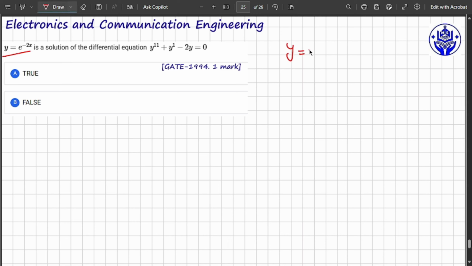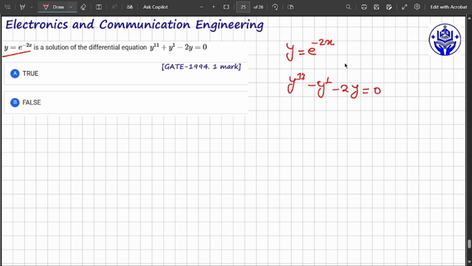Next one. This is the differential equation: y = e^(-2x), and this is the solution of the differential equation y^(11) minus 2y^(1) equals 0. Think, is it a solution of the differential equation or not? If it is a solution, then it will satisfy it.